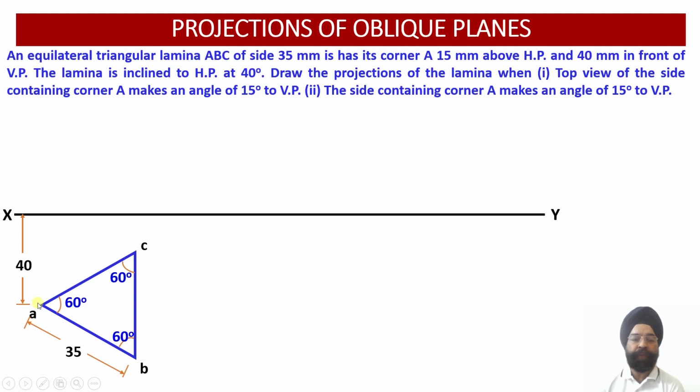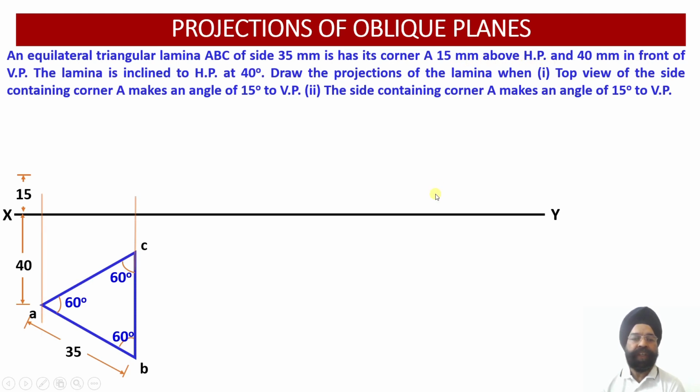In order to draw the front view, the projectors through A and B and C will be drawn, and the front view, that is the edge view of the lamina, will be drawn 15 millimeter above the horizontal plane, because we have been provided with the data that it has got its corner A 15 millimeter above the horizontal plane.